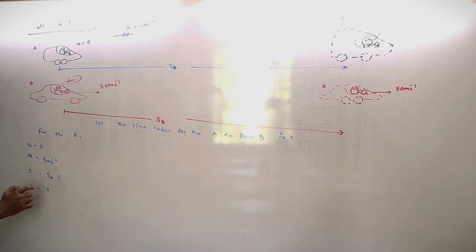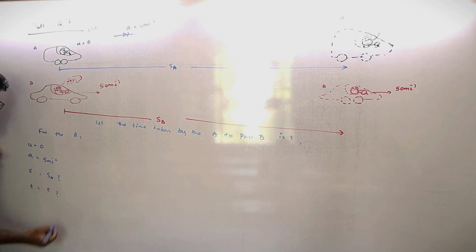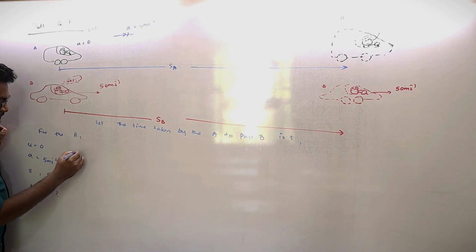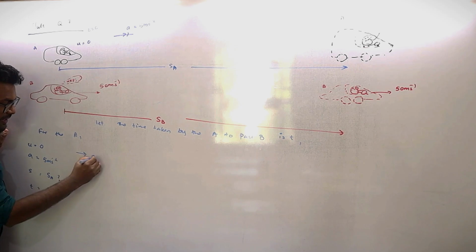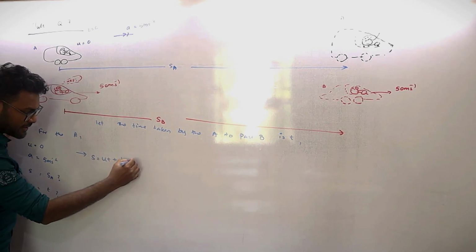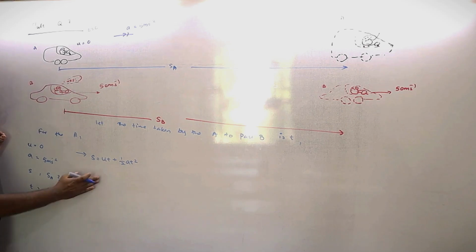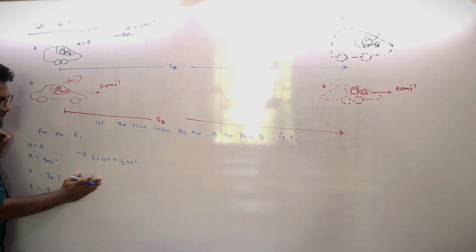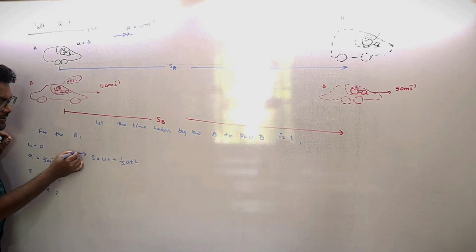Okay. We're supposed to find both here, right? Okay. So what's the equation you can use? Maybe in this direction, s equals ut plus half at squared. That's the third equation, right? And we have written. And why are we drawing an arrow here?